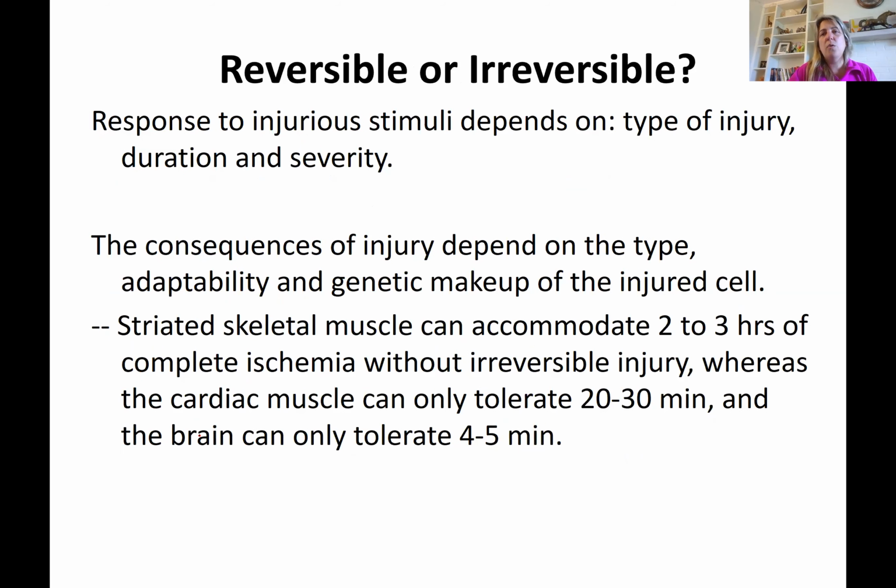So reversible or irreversible. Again, the response to the injurious stimuli is going to depend on the type of injury, the duration, and the severity. When I say type of injury, it's one thing to have a cut, okay? For a cut, you can go ahead and suture it and try the best, and the body can heal even though a few cells will die.